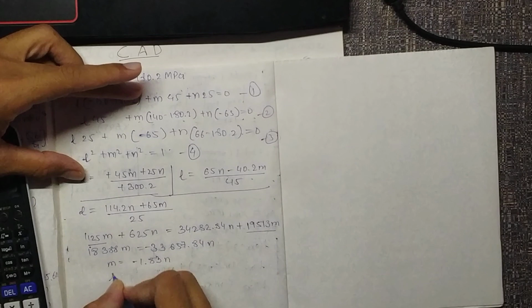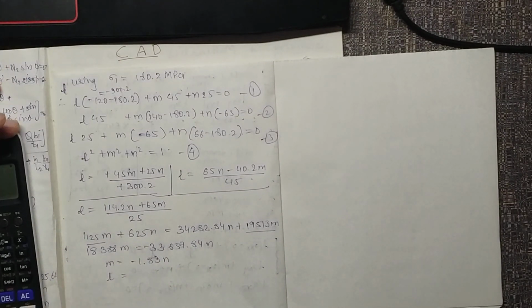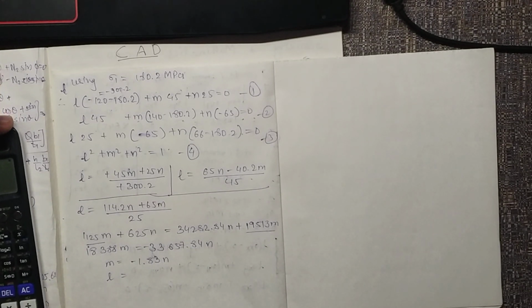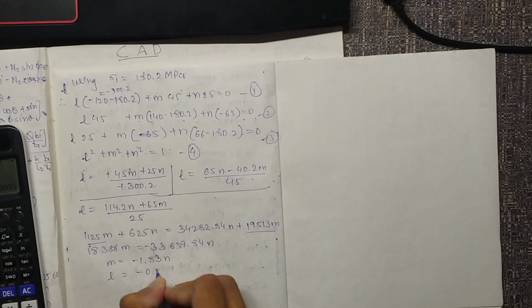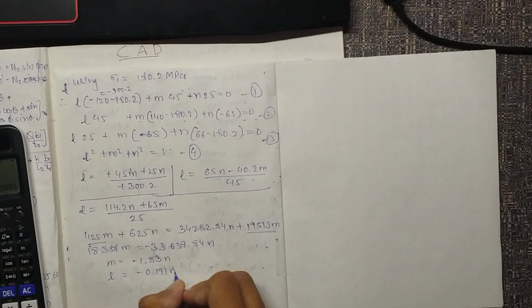So I can put here, so I will get L in terms of n: 45 into minus 1.83 plus 25, so this is 50 divided by 300.2. So this is minus 0.191 n.